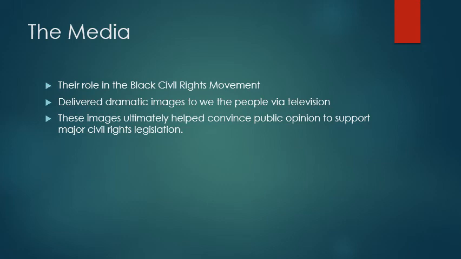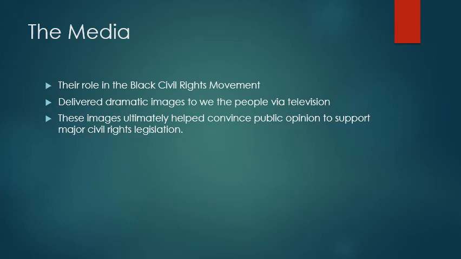The media would cover these moments. They would then broadcast them on the evening news, back in a day when on television you had three basic options: CBS, ABC, and NBC. They broadcast these images on the nightly news, and you reach a large chunk of the American population.